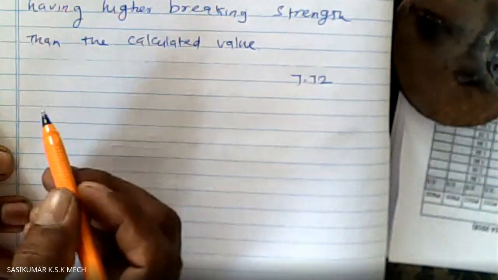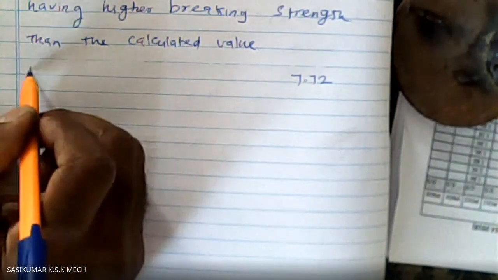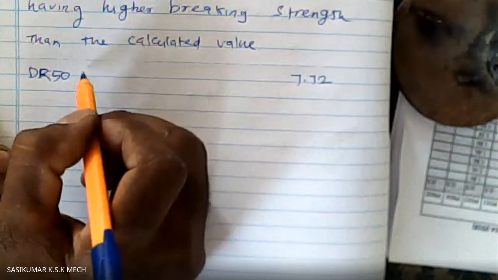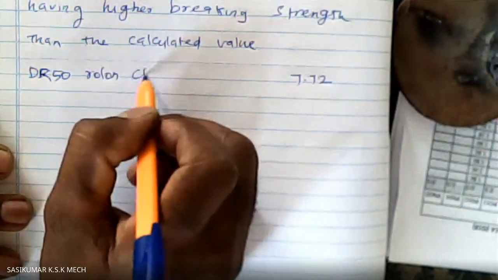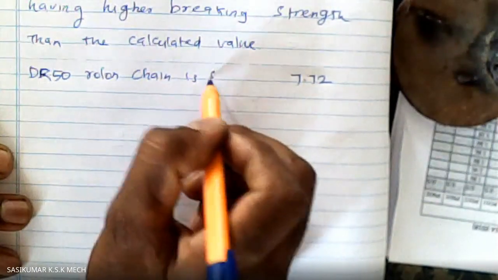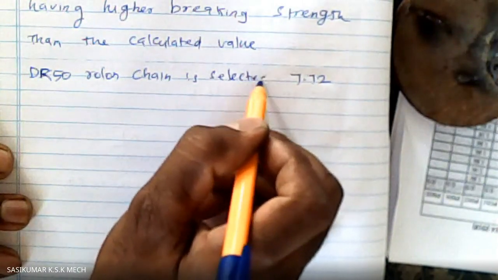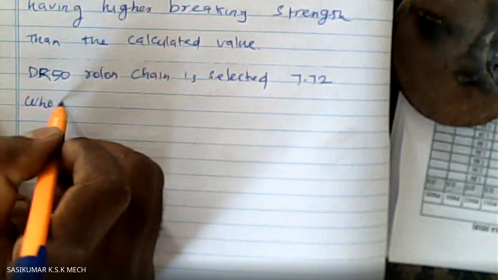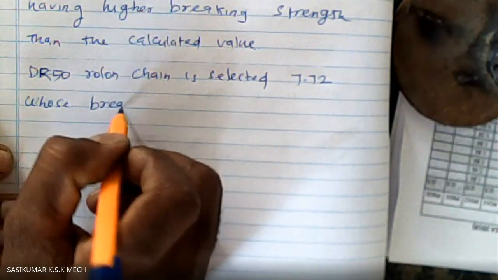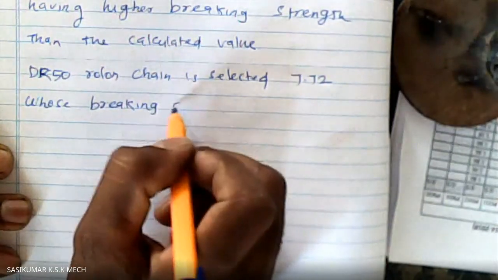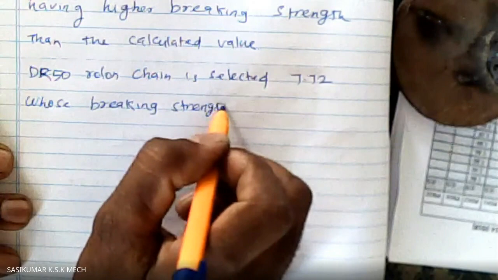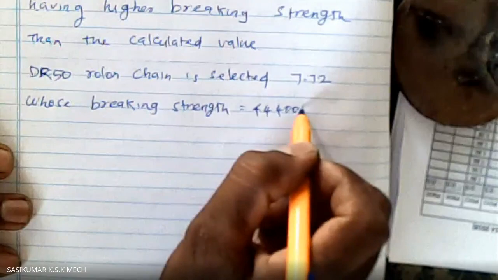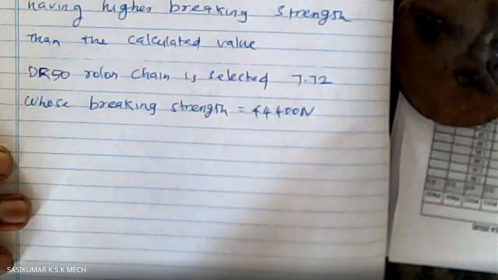From that, DR50 Roland chain is selected, whose breaking strength is equal to 44,400 Newton.